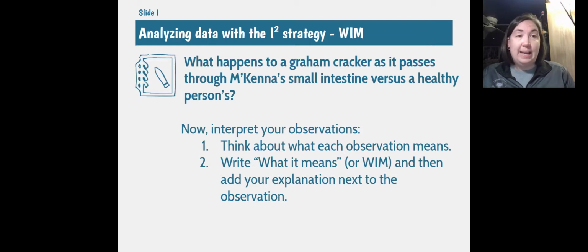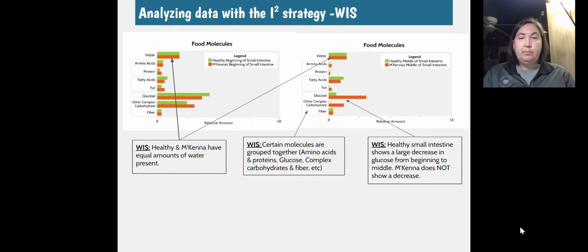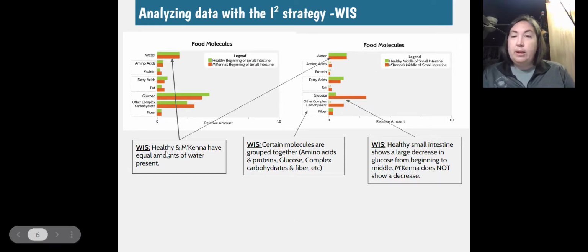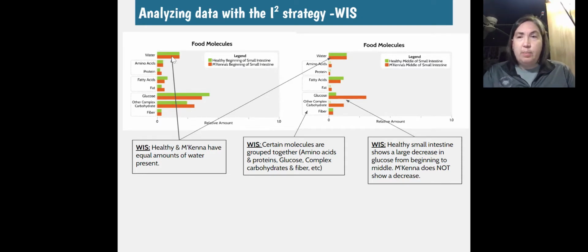We'll start with a what I see. We're going to be looking at both graphs. I know they're on 2 separate pages, but we do want to look at both graphs for this. So here's some example what I see. So first off, if we look at water, so the water bars, the green is the healthy person or the top bar. The orange is the bottom bar, and that's McKenna.